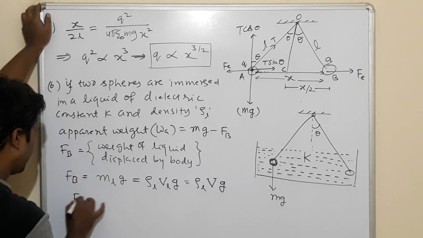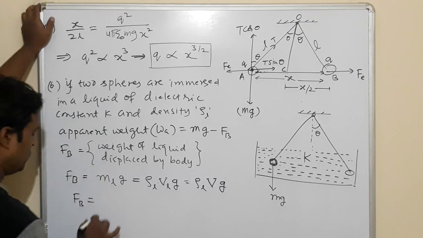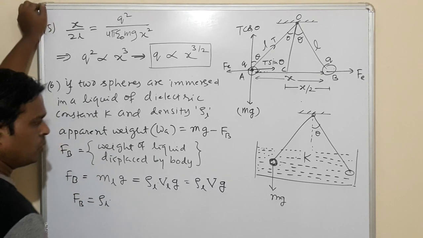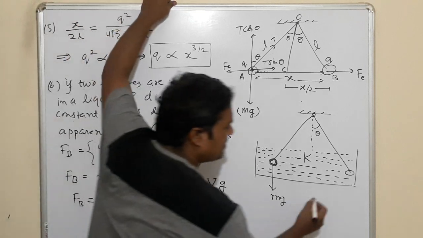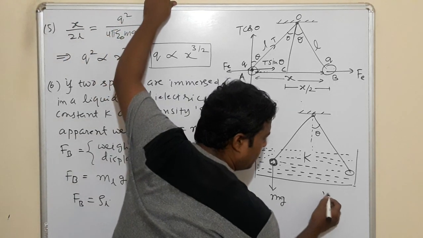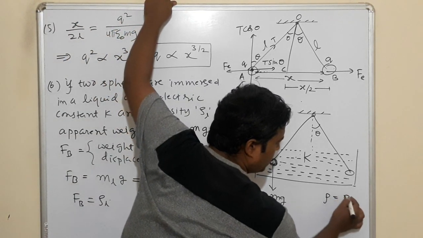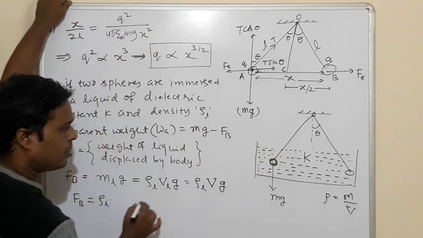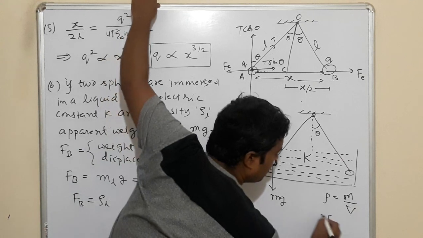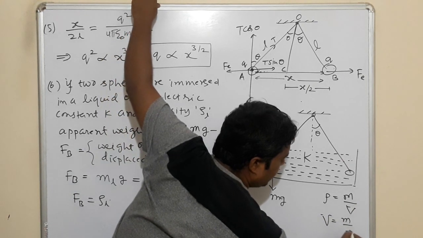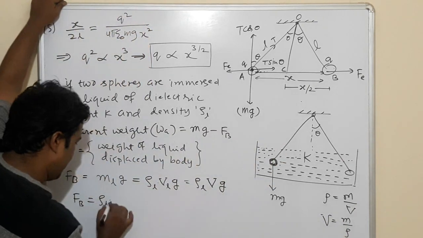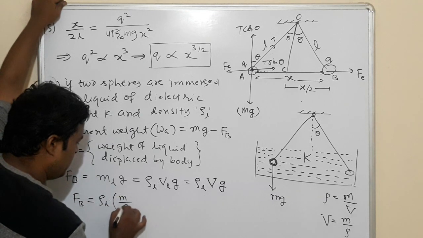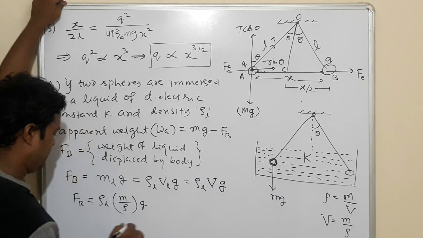Then this buoyant force will be equal to rho L into, what is volume of the body? Density of the body is equal to what? Mass of the body divided by volume. Then volume of the body means mass by its density. Then I will write m by rho here into g.